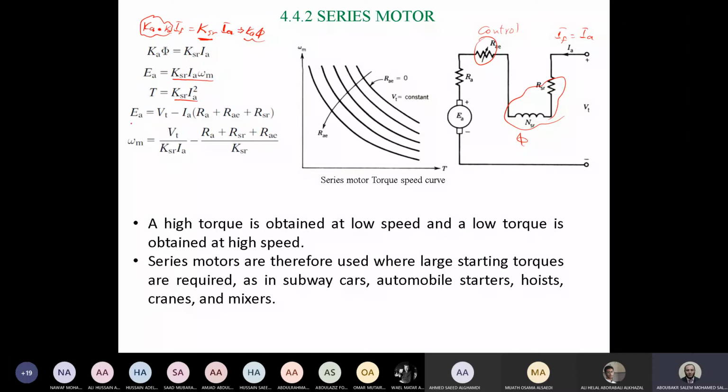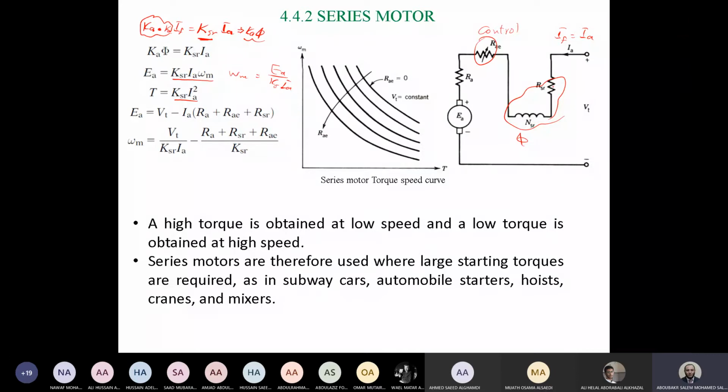For the relation of speed, from here we can say that omega M equals EA over K series IA. Now we can replace EA using the Kirchhoff voltage loop from this circuit. So EA equals V terminal minus IA multiplied by all of the series resistances.